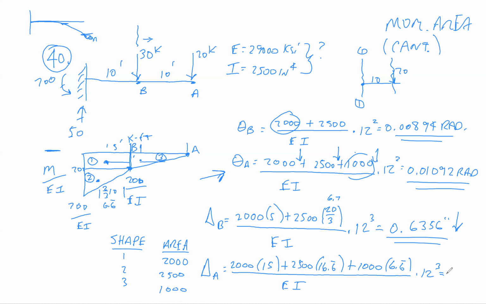So for this one, we get 2,000 times 15, 2,500 times 16.7, I'm rounding, and 1,000 times 6.7. Add that together, divide by 29,000, divide by 2,500, and multiply by 1728 to get our units consistent, so that we can report in inches. 1.86982 inches, and it is down.